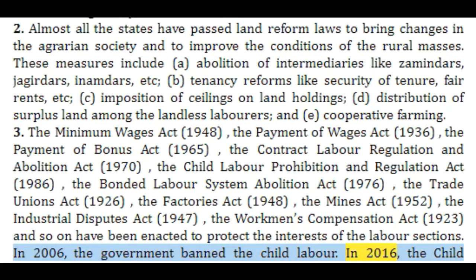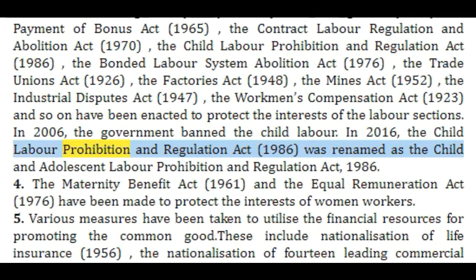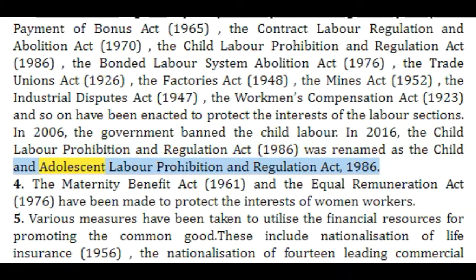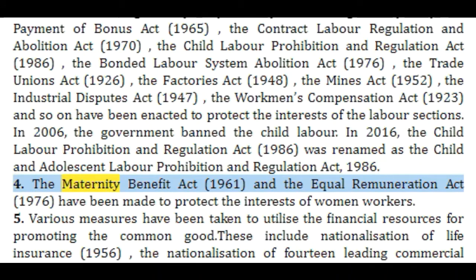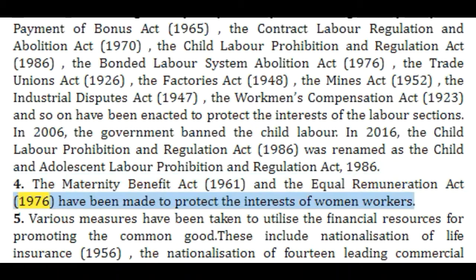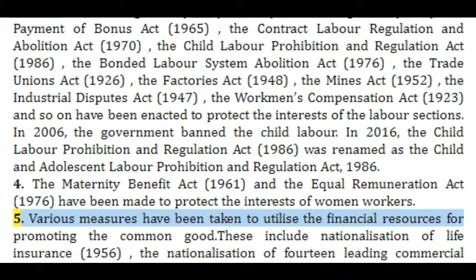In 2006, the government banned child labor. In 2016, the Child Labour Prohibition and Regulation Act, 1986, was renamed as the Child and Adolescent Labour Prohibition and Regulation Act, 1986. 4. The Maternity Benefit Act, 1961, and the Equal Remuneration Act, 1976, have been made to protect the interests of women workers. 5.